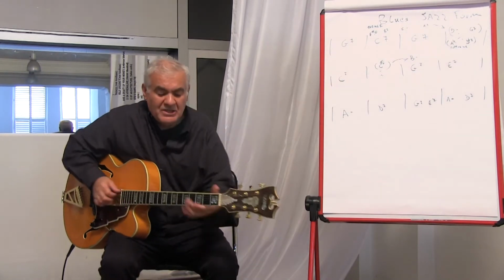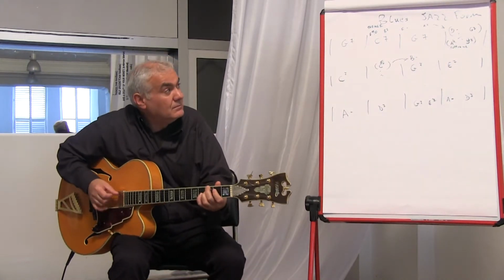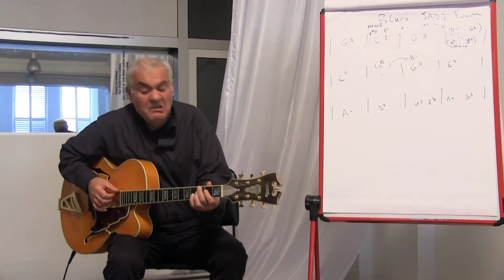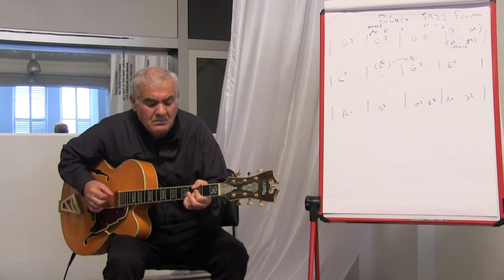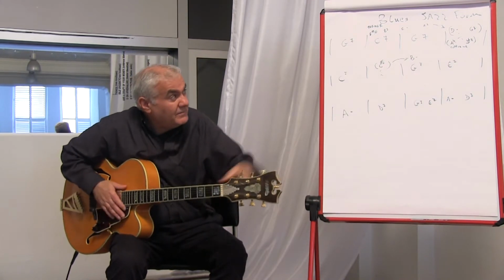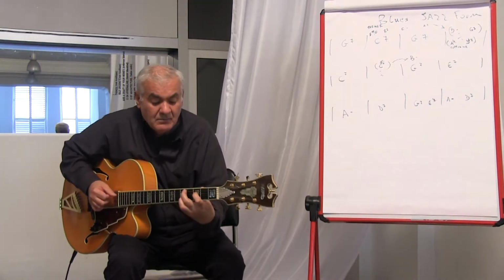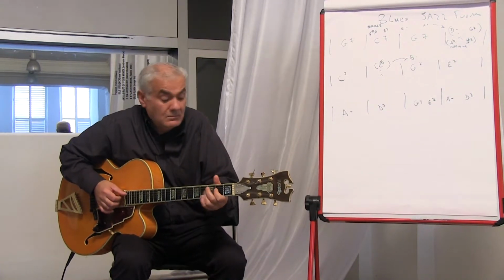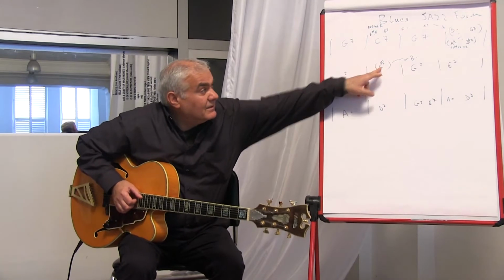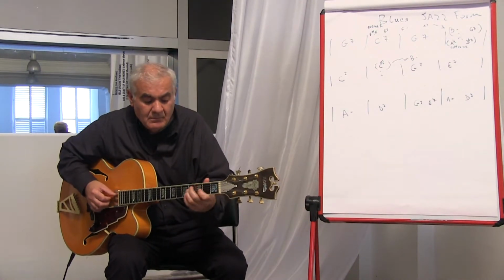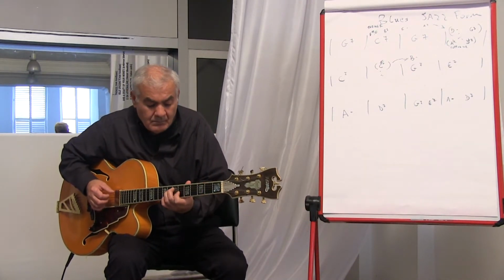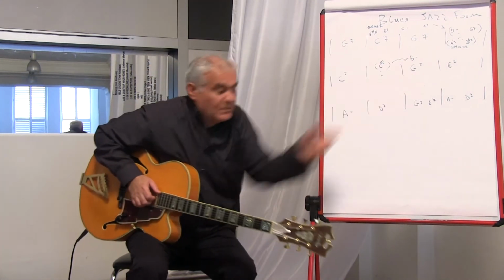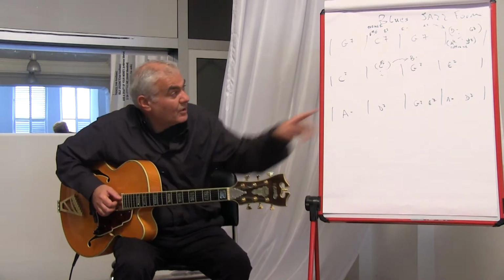Start G7, D minor, to go to C we make, we can make this after. Instead G we go to so from here.